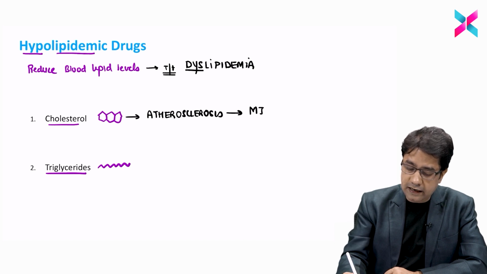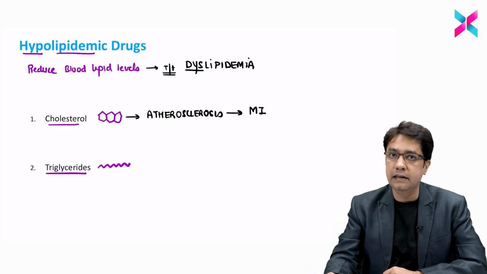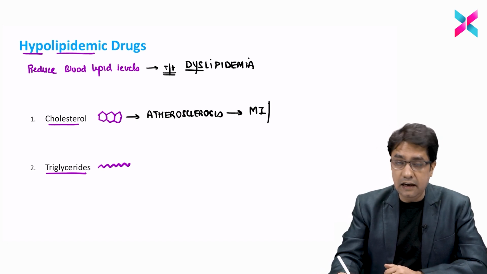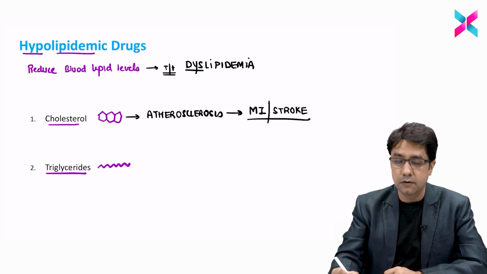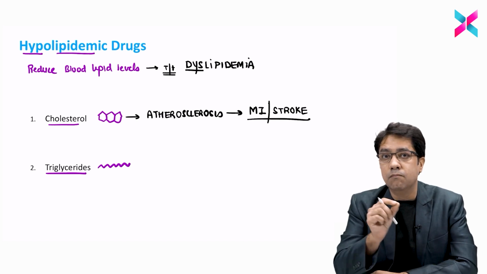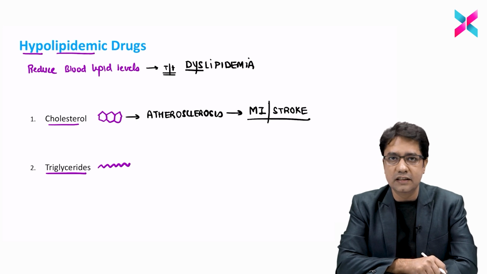If the coronary artery becomes narrow, blood supply to the heart is reduced, it can lead to MI, myocardial infarction. And if this atherosclerosis occurs in cerebral arteries in the brain, it can lead to stroke. In fact, at today's time, the most common cause of MI and stroke is atherosclerosis.